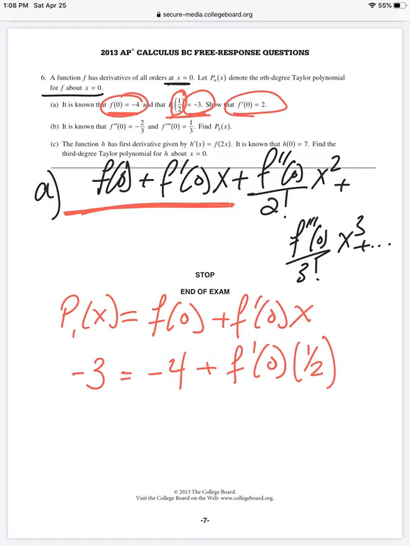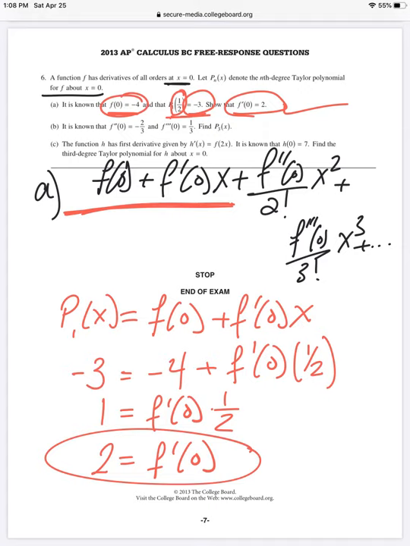Now we're just doing some algebra, right? I'm going to add 4 to both sides. So adding 4, that makes 1 equals the first derivative at 0 times a half. Multiply by 2, I get 2 equals the first derivative at 0, which is what I had to show.